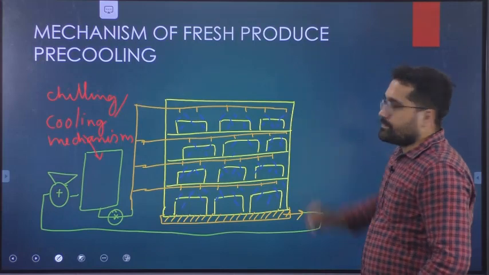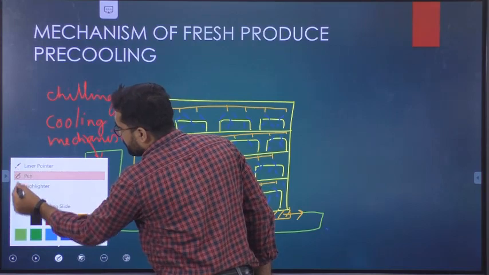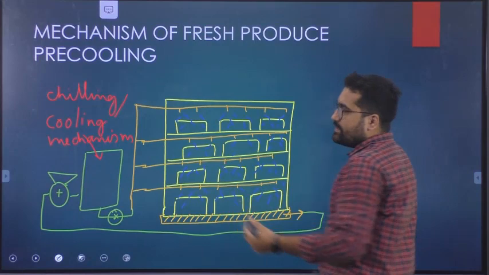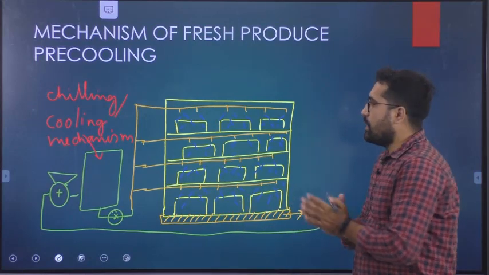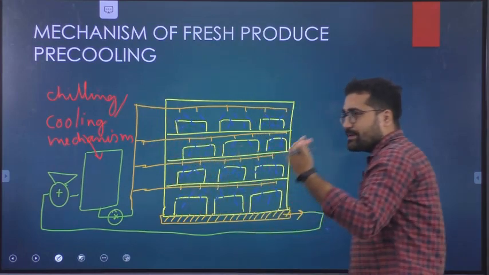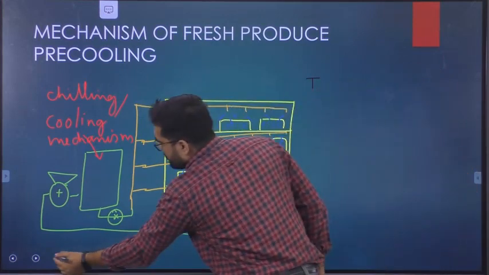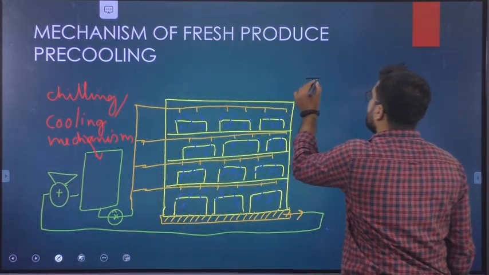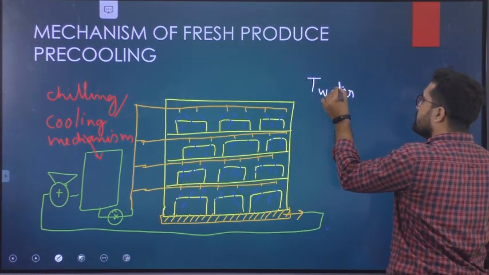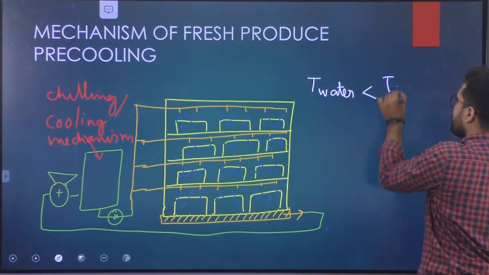So what happens? First, the heat inside the system will be there. That heat we are going to remove. How? By spraying the water. So the temperature of water should be lower than the temperature of produce.